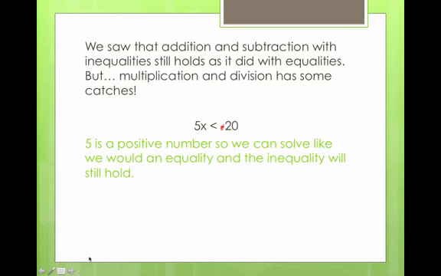Because 5 is a positive number, we can solve this like we would any equality, and it's still going to hold as an inequality. So I can take my 5x and divide by 5 both sides, and I find that x is less than 4, and that will still be true. Okay?